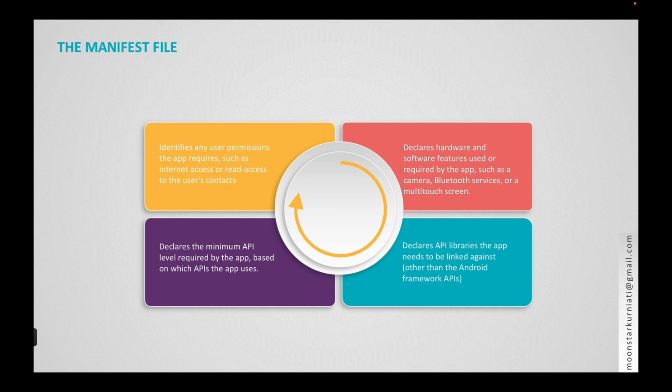It can declare hardware and software features used or required by the app, such as camera, Bluetooth services, or a multi-touch screen. It can also declare API libraries the app needs to be linked against, such as the framework API.